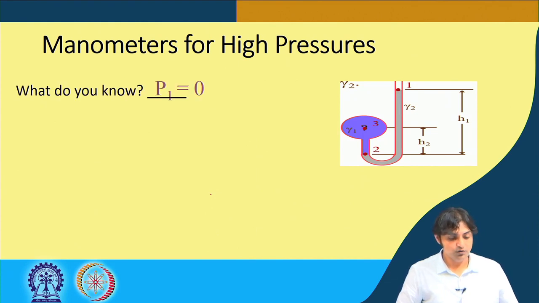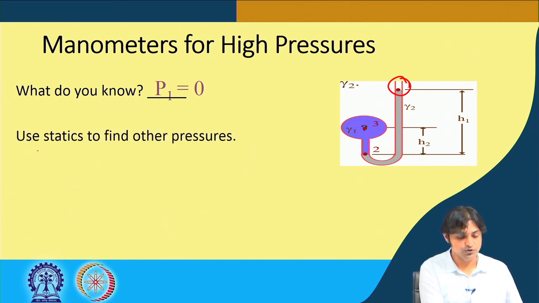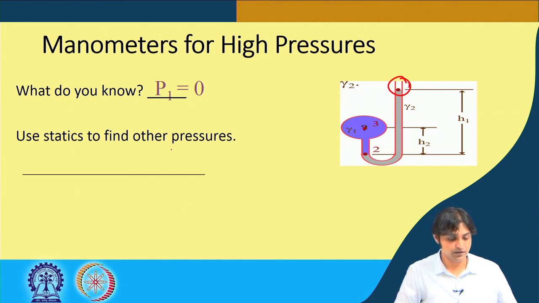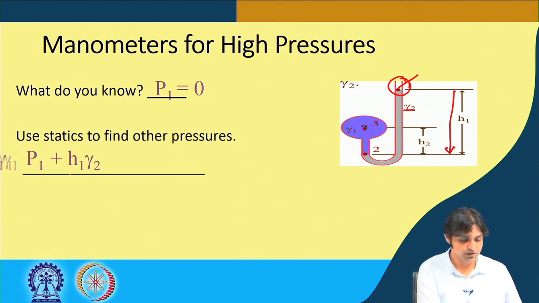So what do we know? We know that the pressure at 1 is 0 because this is exposed to the atmosphere. We have to use statics to find the other pressures here. So the pressure here is P1 plus H1, because in the same fluid the pressure is increasing in this direction, multiplied by the density, H1 gamma 2.